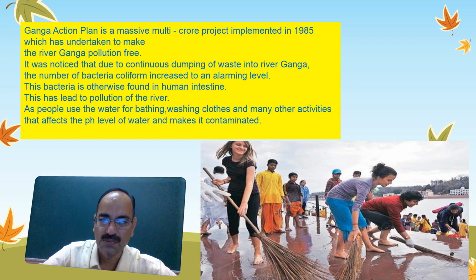Moreover, with the help of a pH paper or litmus paper, we can find out whether the water has become acidic or basic. Polluted water will show a change in color with the litmus paper, and if we see this water under the microscope, we can see microorganisms, mainly coliform bacteria.